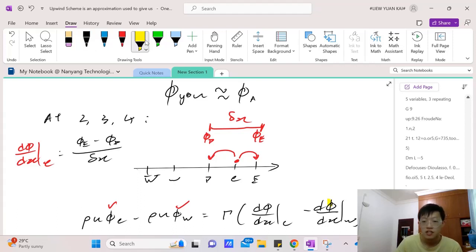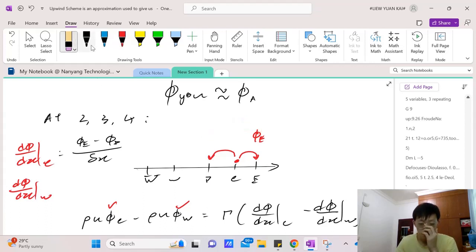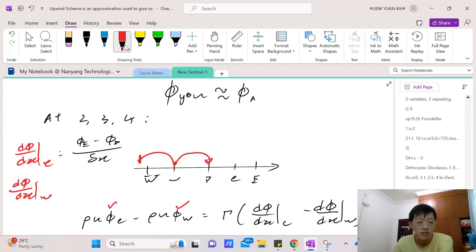We also have to do d phi dx evaluated at the west. Same thing. We stand at the west, immediate right minus immediate left divided by the segment. So phi p minus phi w divided by the segment, which is delta x.